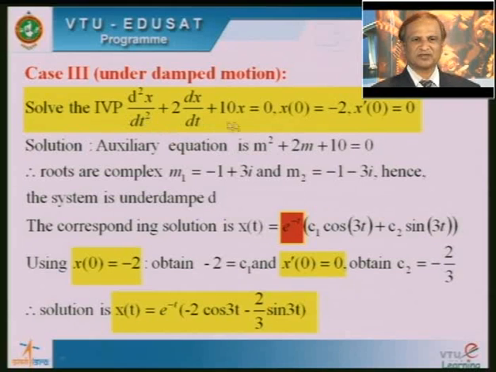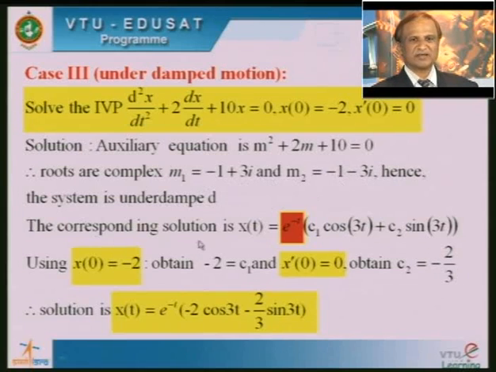First we write it in symbolic form, then replace capital D by m. I obtain m square plus 2m plus 10 is equal to 0. Therefore roots are complex: m1 is equal to minus 1 plus 3i, m2 is equal to minus 1 minus 3i. When you observe the roots, we come to know that roots are complex.